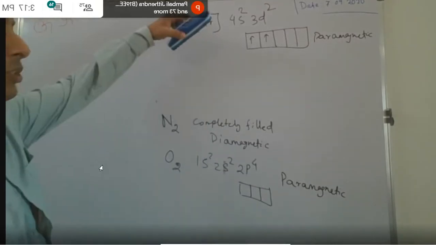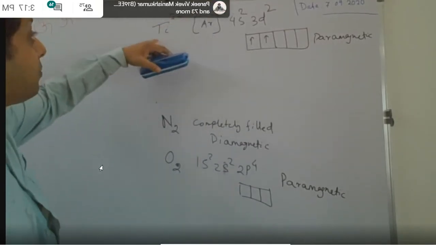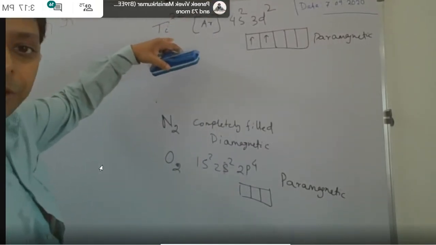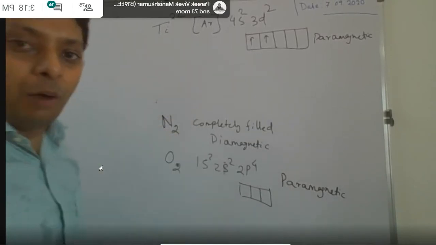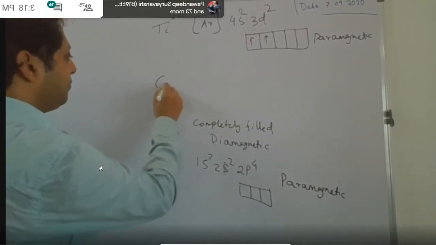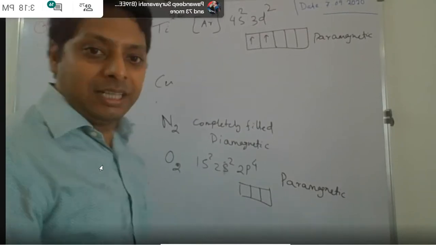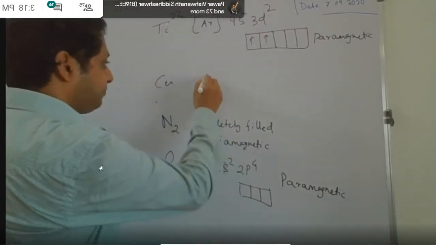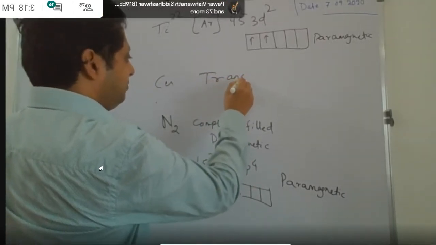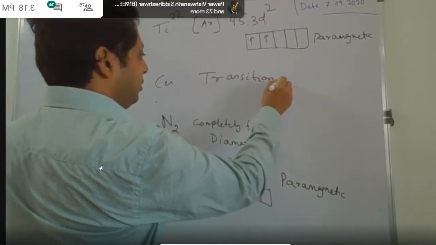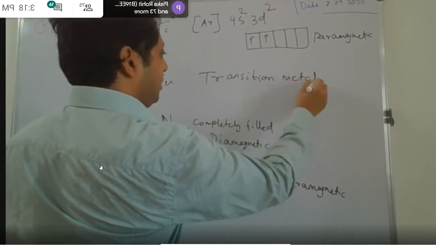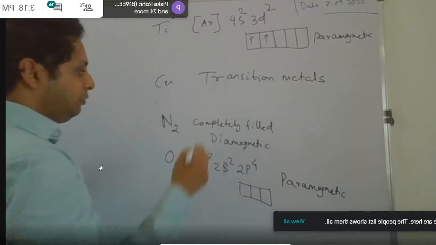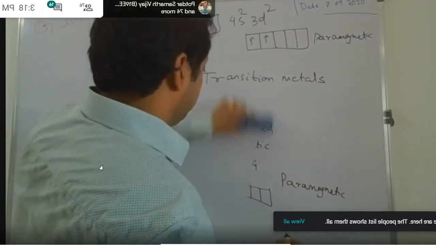So in these atoms, from titanium up to copper, for example, they are called transition metals. And in this row only, you will find these atoms.